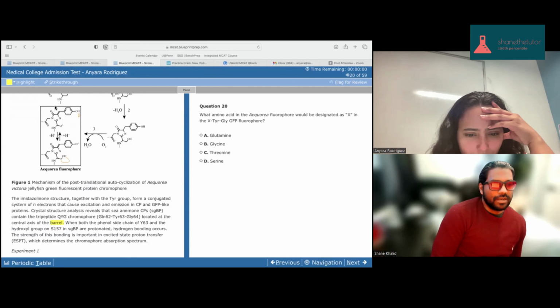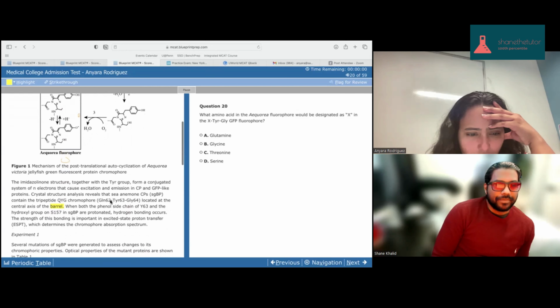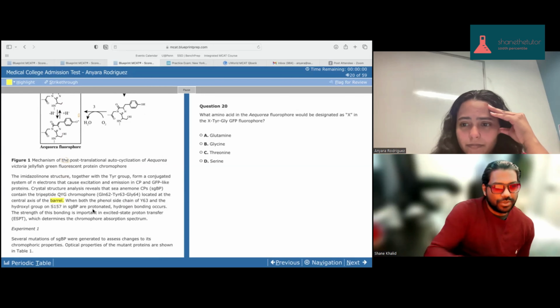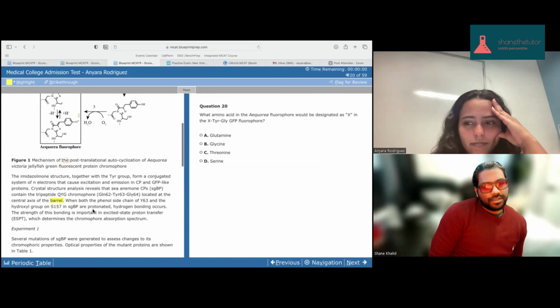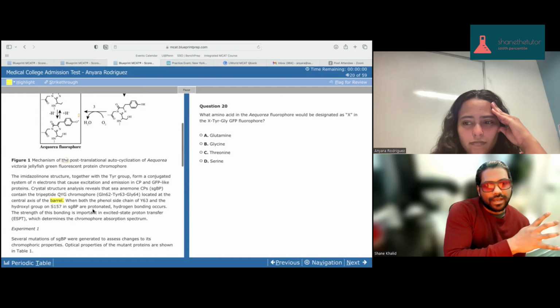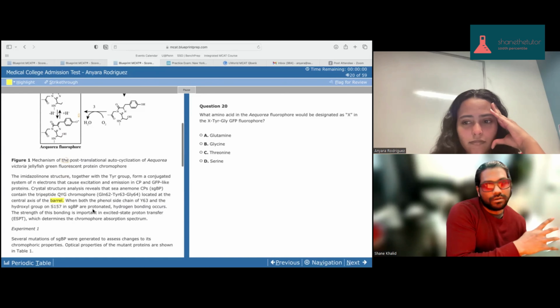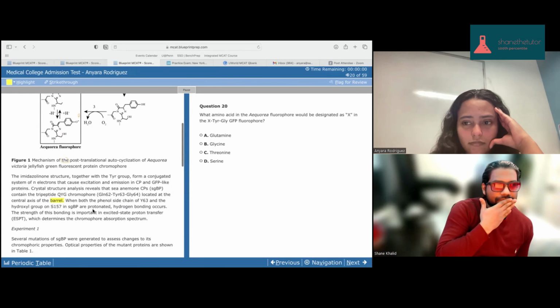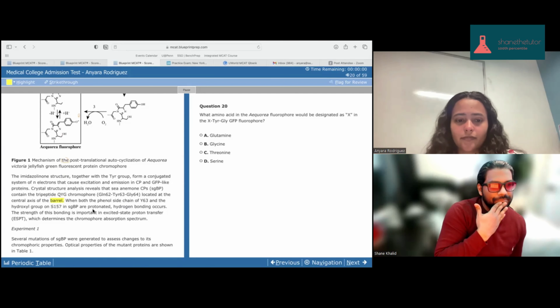I think it's talking about a new one. The one that they showed us here is the X thing, where we don't know what that X amino acid could be, but you'll also have the tyrosine and the serine.